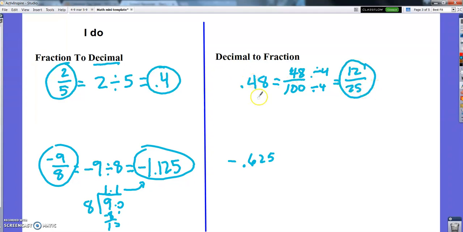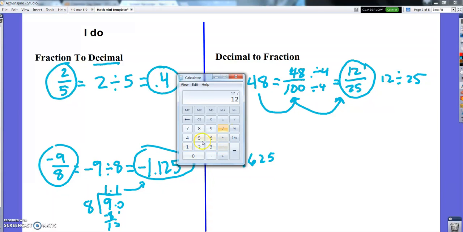So 48 hundredths, you can write as 48 over 100, and that's right, but typically we try to reduce it. We call it going to the lowest possible equivalent fraction, which would be 12 over 25. So this fraction and this decimal are equivalent. The way you can check and make sure is I can say, well, is 12 divided by 25 going to give me that? Let's make sure.